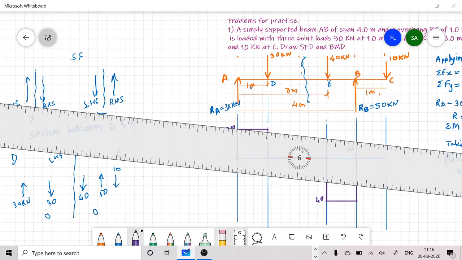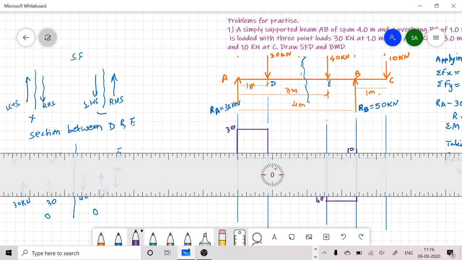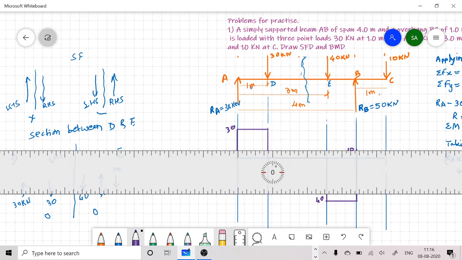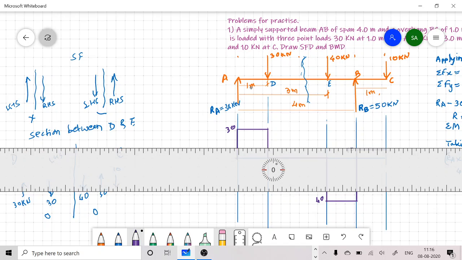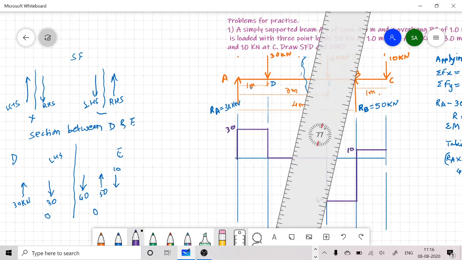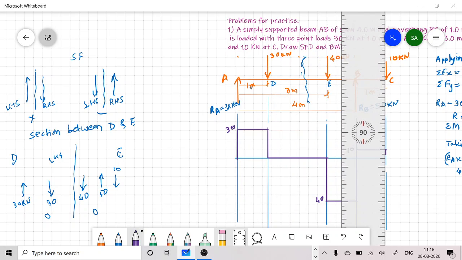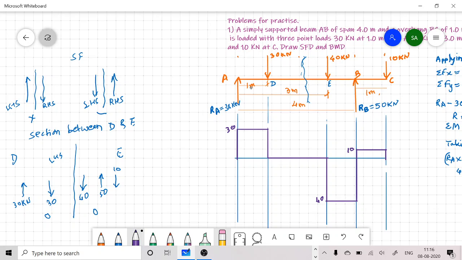From B to C there is no change. Straight horizontal line from B to C, and at C there is a drop of 10 kilonewton with the load acting at that point. So mark it positive above the baseline, negative below the baseline.